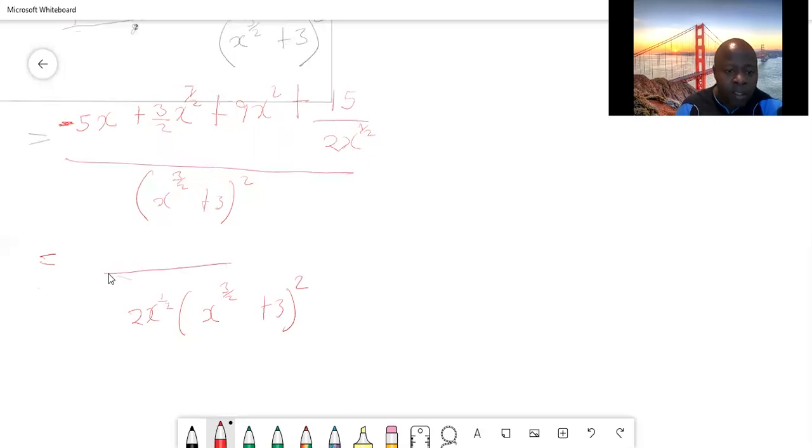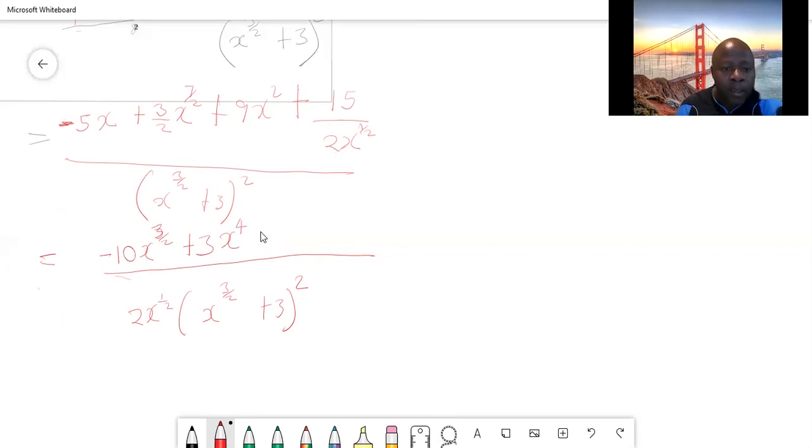And what will the numerator become? So this would be negative 10 x raised to 3 over 2. This one will go here, x raised to a half. So what we'll be having will be 3 x raised to 4.